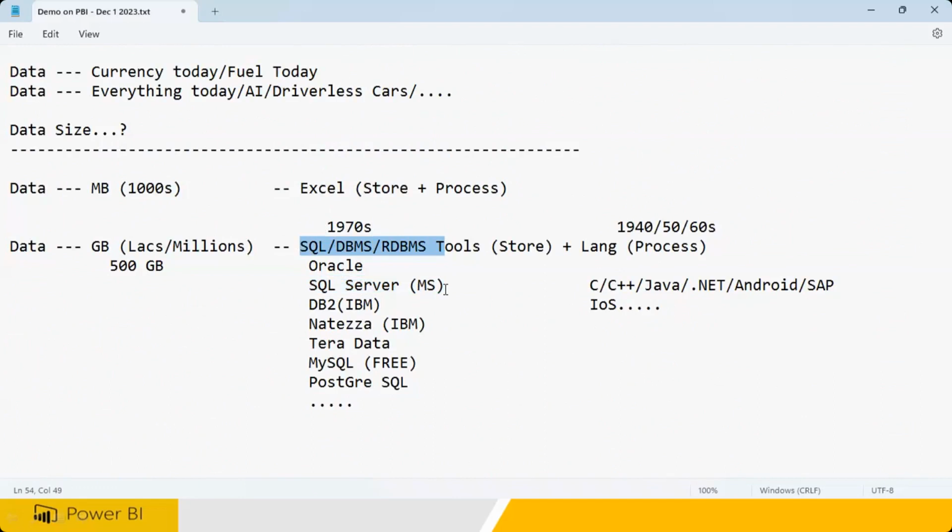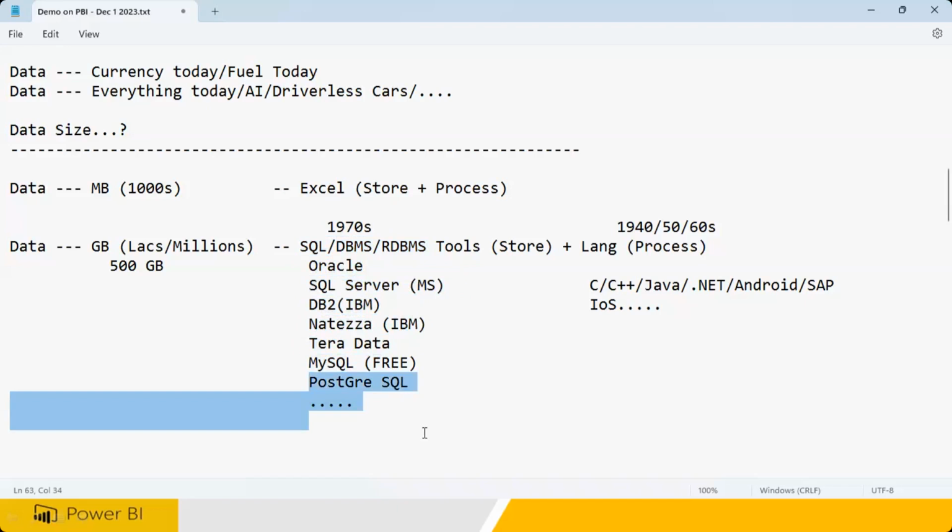As I told you, gold can be stored in the gold bank, blood can be stored in the blood bank, and so much data can be stored in the data bank. Data bank is called a database. Clear? So Oracle is a data bank, SQL Server is a data bank, DB2, Teradata, all these are called data banks.